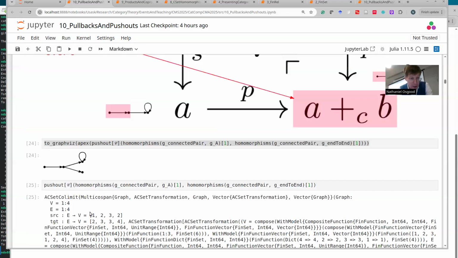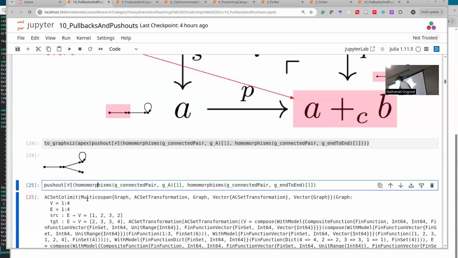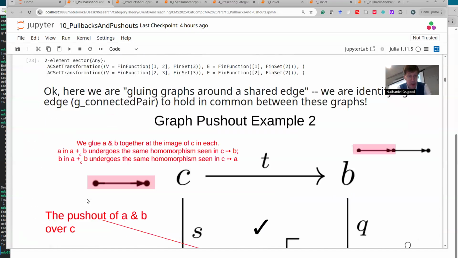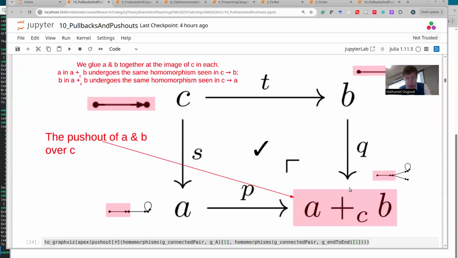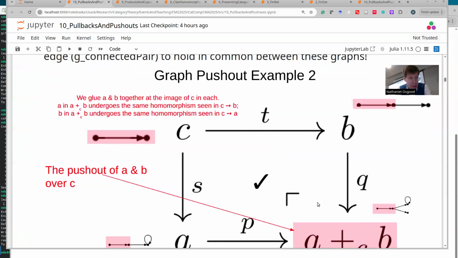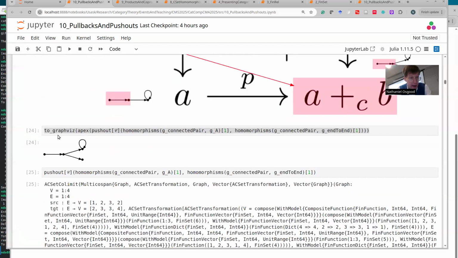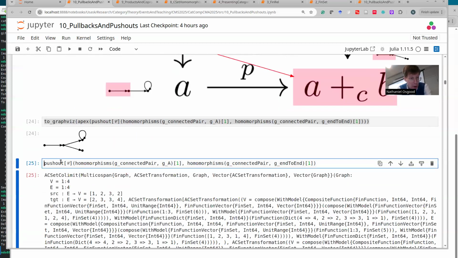Here's our pushout. This is our whole structure, our ACSet. It actually has the whole structure of this. If we ask for its apex, now we're talking about this particular sub piece of it, which is just a component of that.